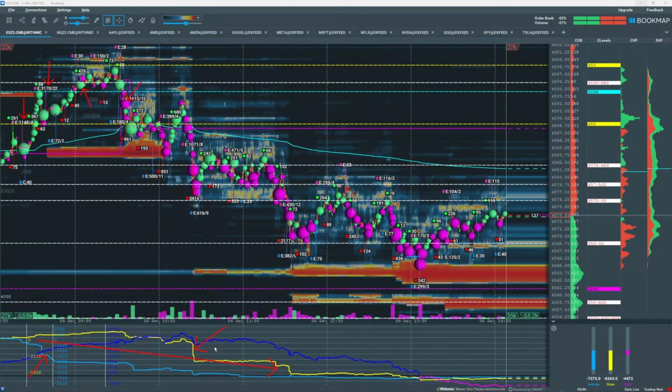That's shown by the falling yellow line. And then also cumulative volume delta really starts to drop just after 11 a.m. Note iceberg orders, stop orders, cumulative volume delta, all negative. Very bearish day.